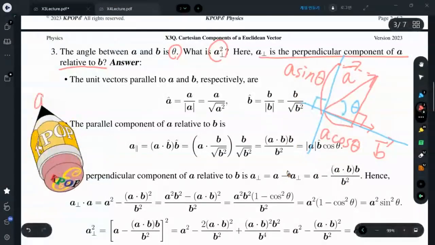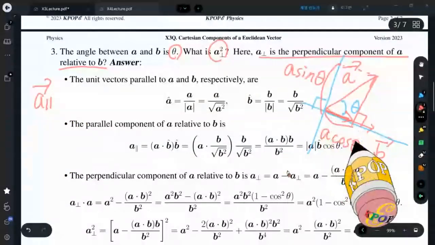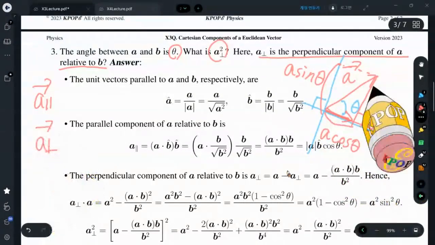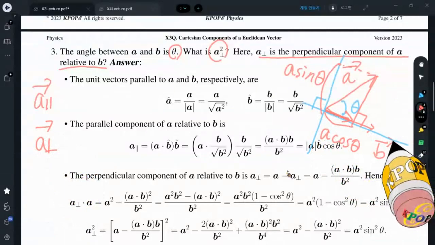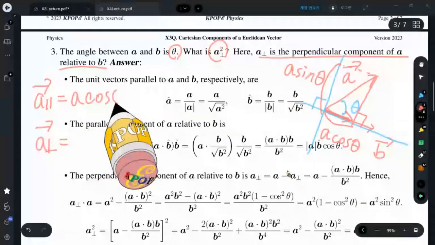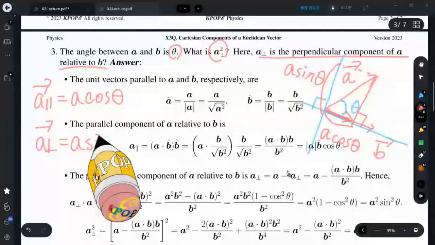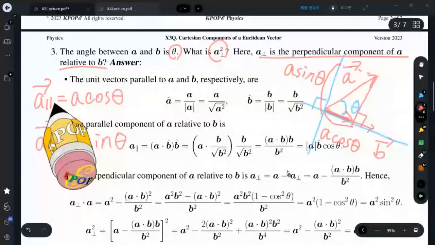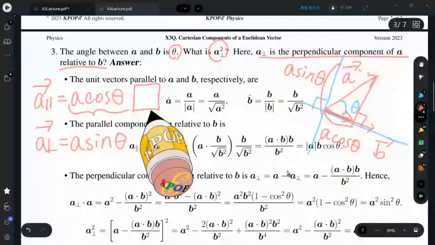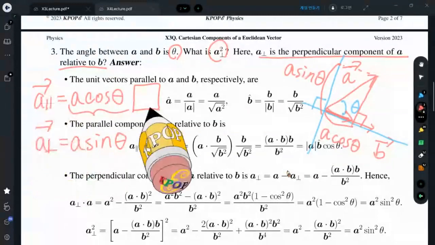So A parallel, that is this vector, is called A parallel to B, and A perp is perpendicular to B. The magnitude of the parallel component should be a cosine, and the magnitude of the perpendicular component is a sine. And a vector must have the magnitude and the direction. This is a way how to define the direction.